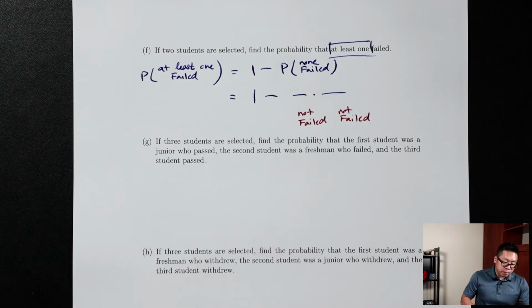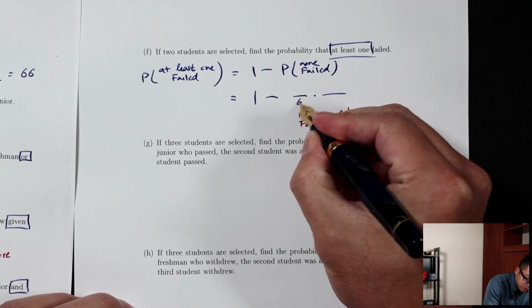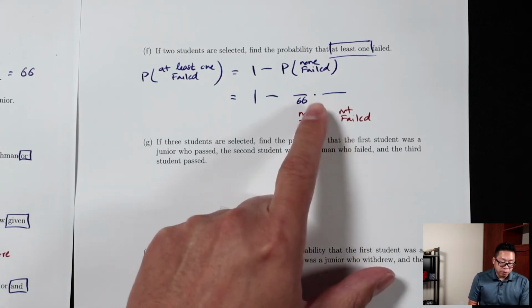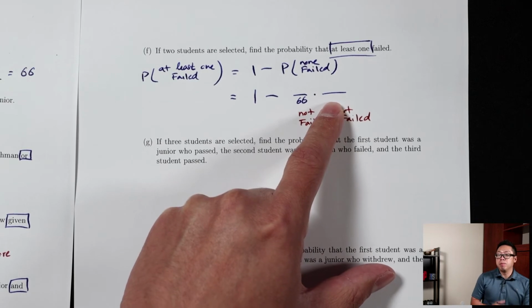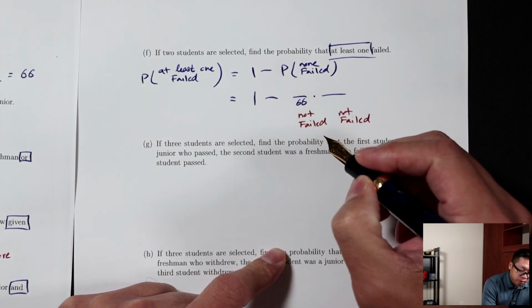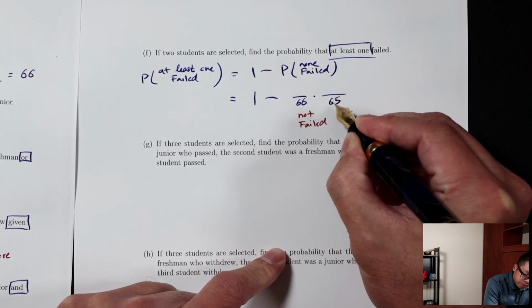For the first fraction, the bottom is going to be the total of everybody, which is 66. And because I don't want to pick the same person again, for the second fraction, the bottom is reduced by 1 because we already picked one person. For the second fraction, the bottom we're down to 65.